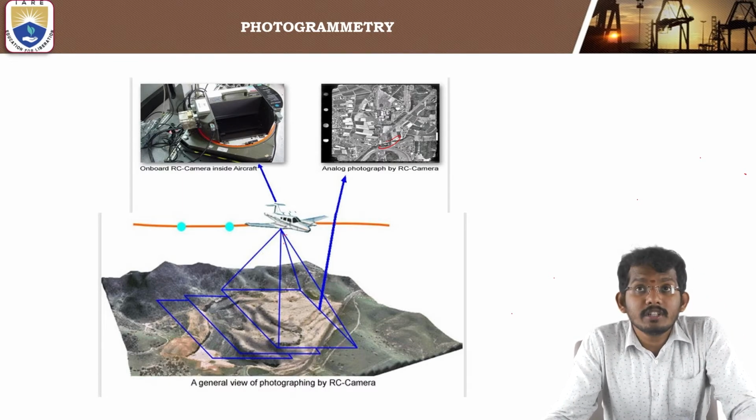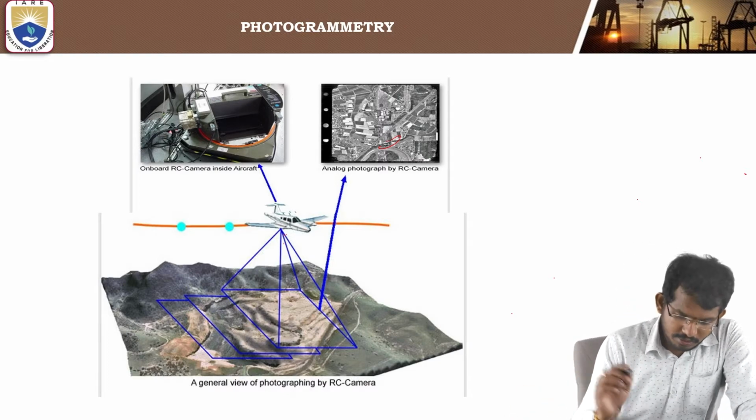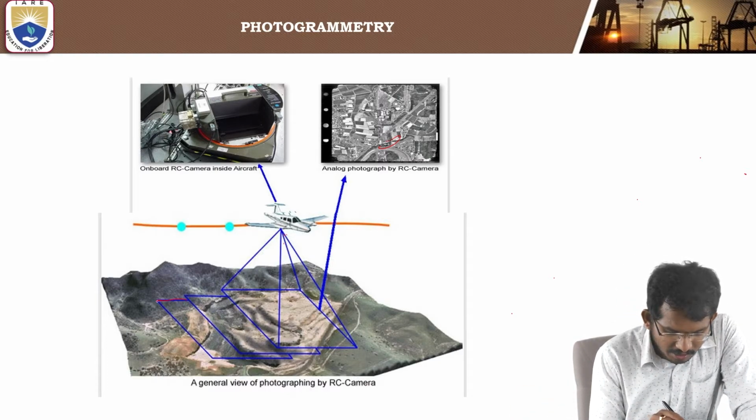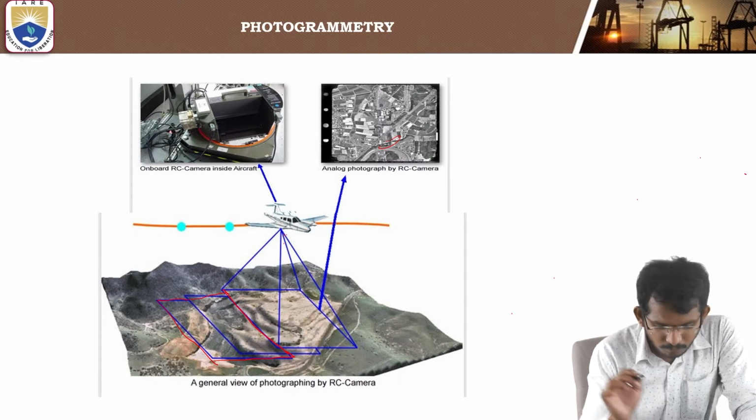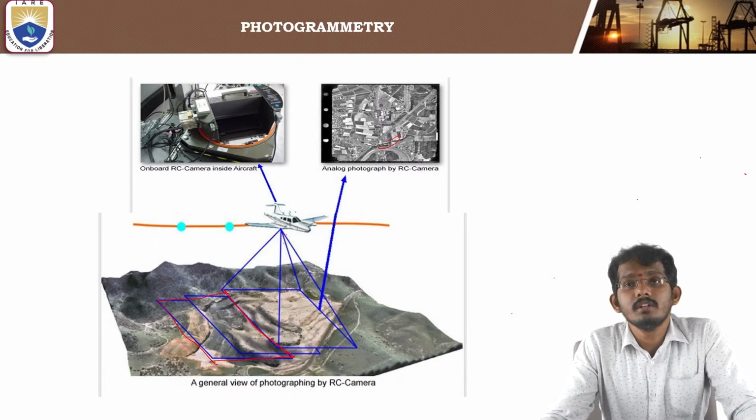So it's aerial photogrammetry, a method of survey where the photographs are captured by overlapping 60 to 70% of the previous image. I'll show you here. This is the first image.